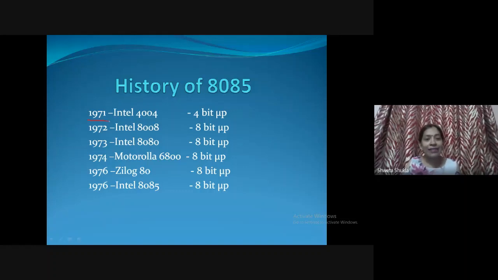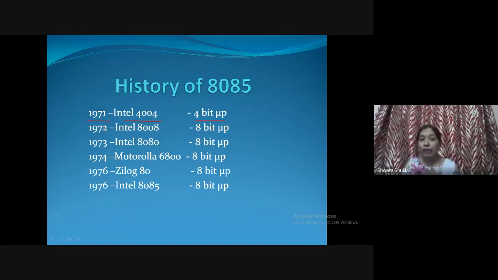See, in 1971 the Intel company made a microprocessor and gave it the name 4004, and it was a 4-bit microprocessor. Most probably this name 4004 is given because it is a 4-bit microprocessor.